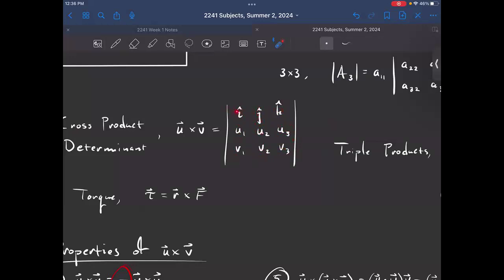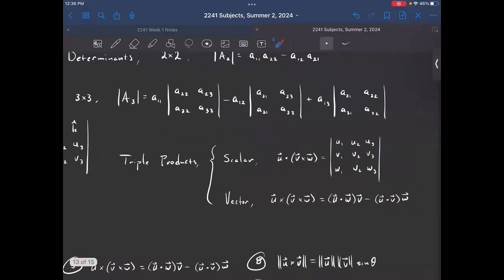J, cross off that column, that row, times the determinant of this little guy, 1s and 3s. K, cross off this column and that row, and then times the determinant of 1s and 2s. All right. And then obviously with the plus, minus, plus signs. So that's the cross product.